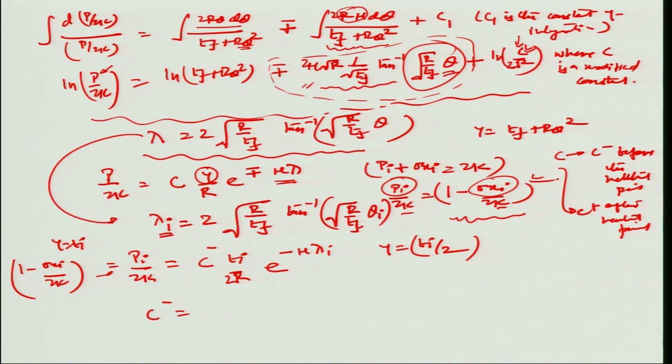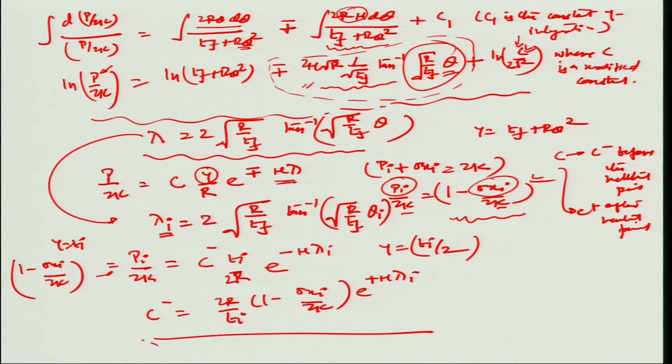From this expression C minus comes out to be equal to twice r by Ti times 1 minus sigma xi by twice k times e to the power of plus mu lambda I. So that's how you calculate one of the constants before the neutral point has been arrived at.